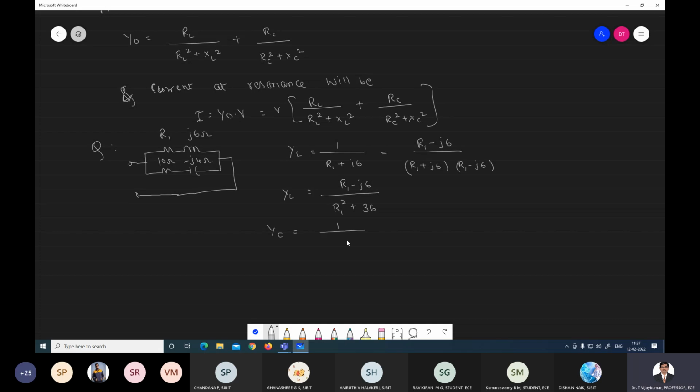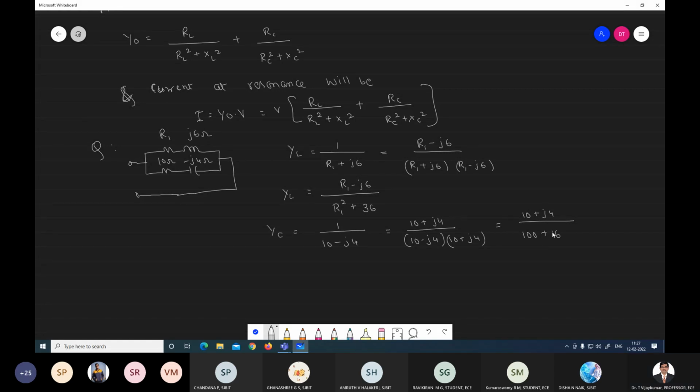Then what is YC? YC is equal to 1 by 10 minus j4. That is equal to, again, multiplying by 10 plus j4 into 10 minus j4 into 10 plus j4. So this is equal to 10 plus j4 divided by 100 plus how much? 16.